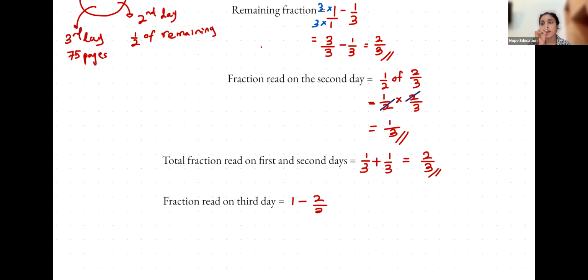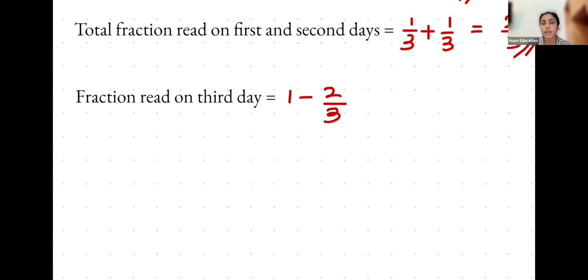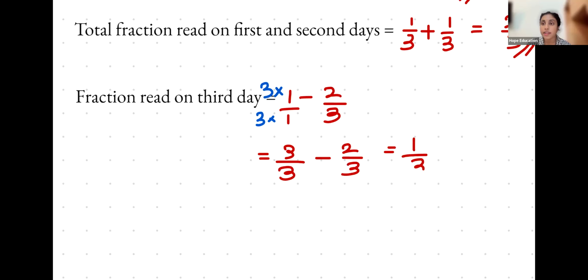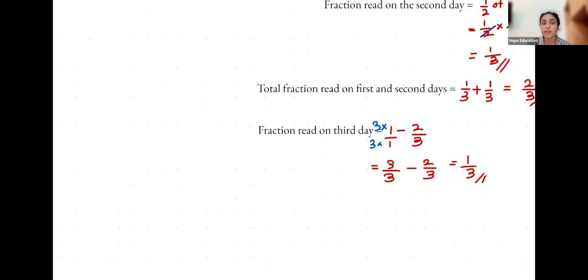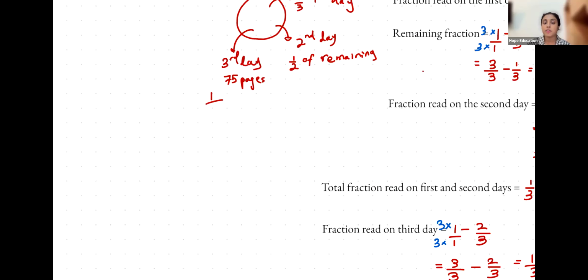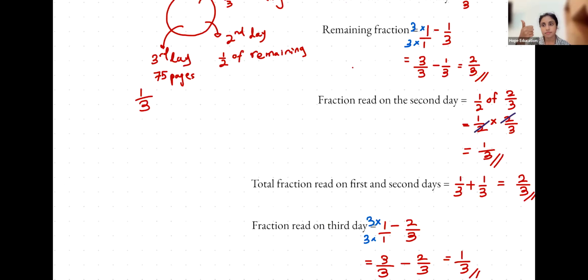Here 1 has nothing in the denominator, means the denominator is 1. So we'll find the common denominator. I multiply this by 3, then this also by 3. So 3 times 1 is 3, minus 2/3. 3 minus 2 is 1. So that is 1/3. The fraction read on the third day is 1/3. Up to that point, is it clear?